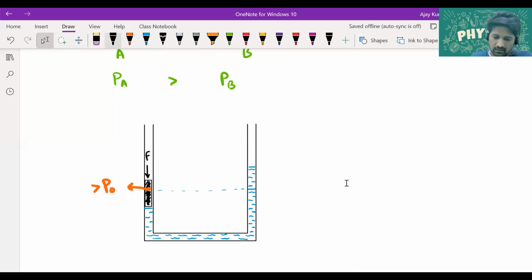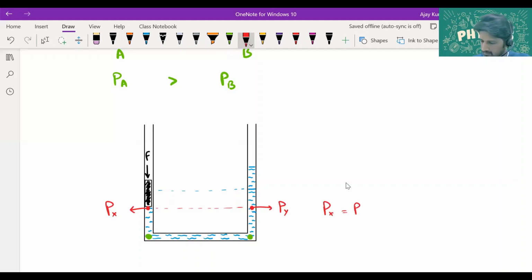Now, after the rearrangement of liquid, the situation will be like pressure at A and pressure at B are equal. If pressure at A and B are the same, then pressure at this point, let's call it Px, and at the same level on the other side, pressure at this point, let's call it Py, these two will be equal. By applying a force here, we are creating additional pressure on the left side.